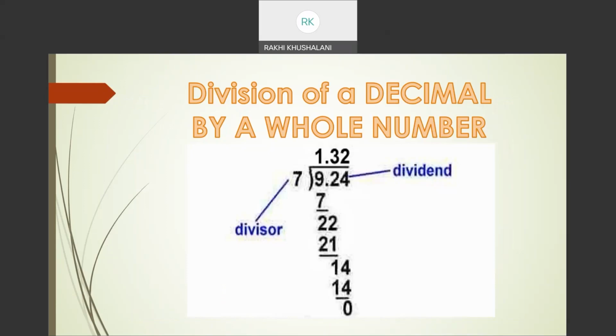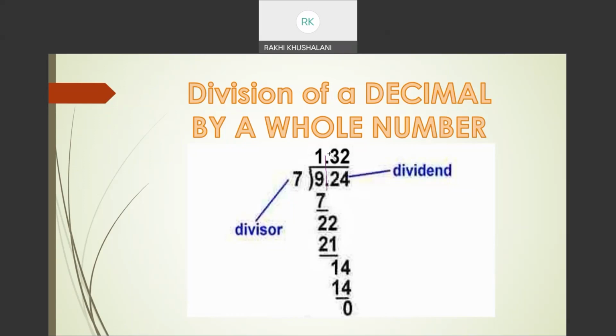I have taken the decimal as 9.24 and the whole number is 7. Again, just put your decimal above the decimal in the dividend, in the quotient.